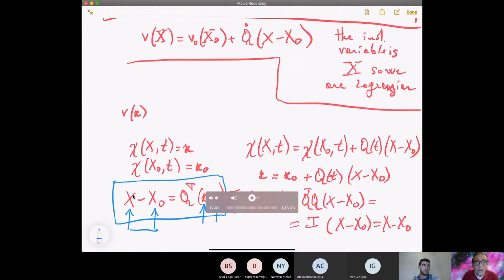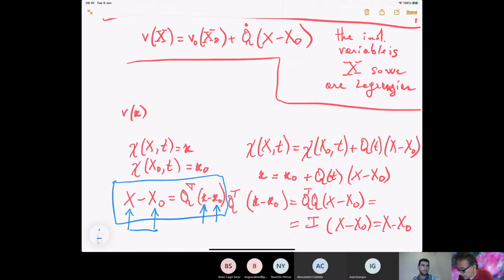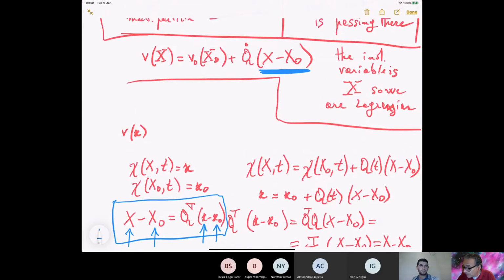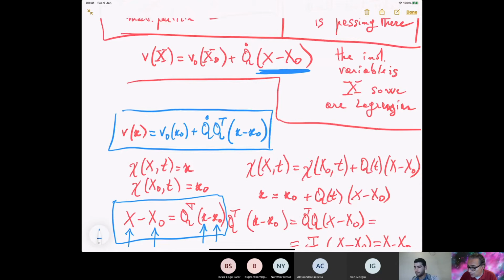So, this formula can be replaced here. So we can write this equation. And this equation is purely Eulerian.